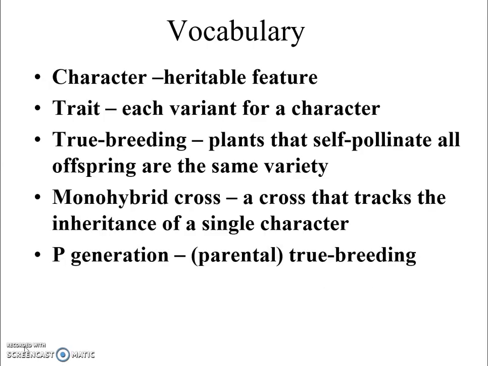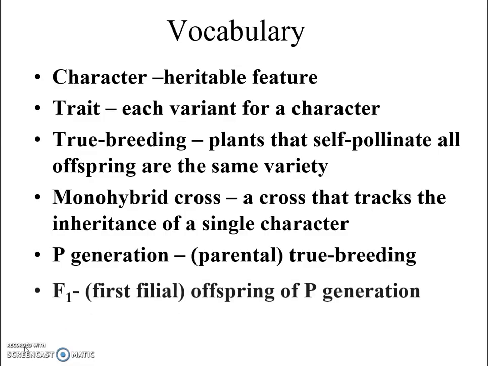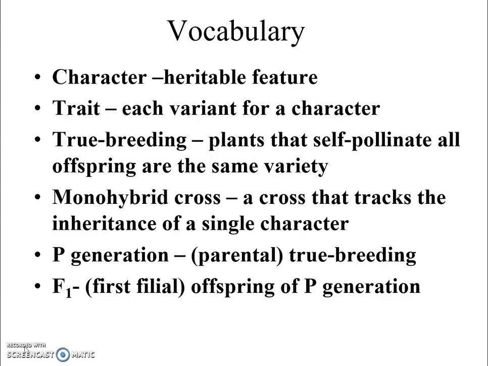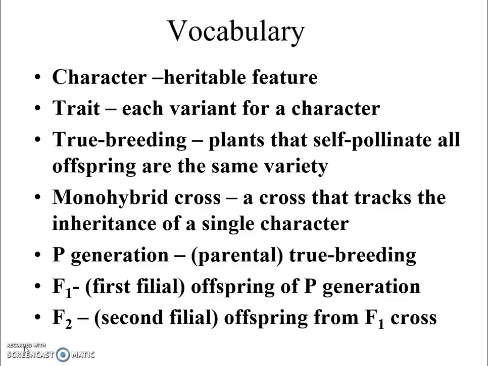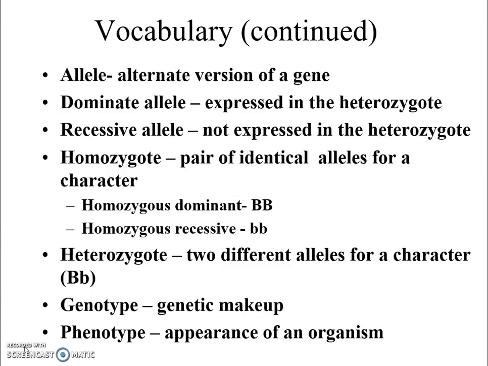Monohybrid cross is a cross in which only one single character is crossed with the other single character from the other parent. P, or the parental generation, is the true breeding. F1 is the first filial generation. F2 is the second filial generation that is produced from crossing F1 plants.